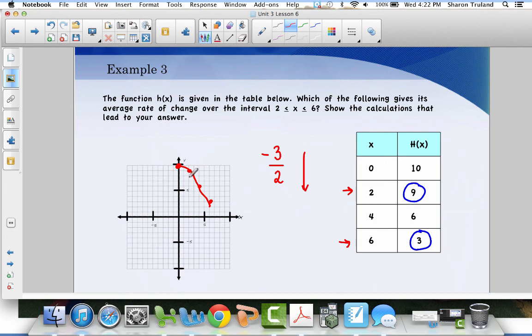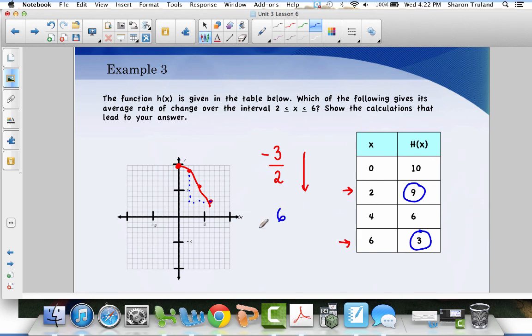And they wanted me to start at 2 and end at 6. So if I did my change in y, and I counted it, 1, 2, 3, 4, 5, 6. And then I went over 1, 2, 3, 4. There, and that was that same number we got before.